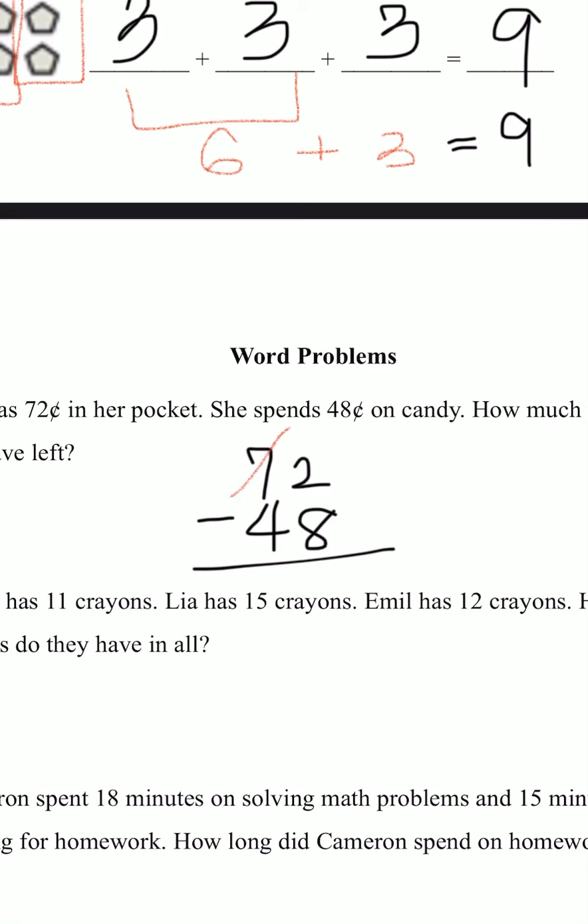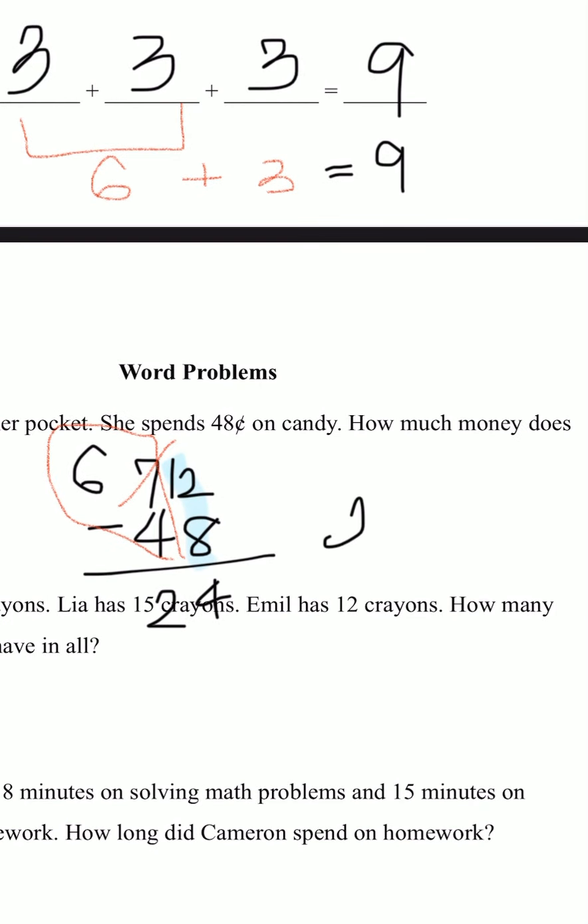So the 7 is going to become a 6. And our 2 is going to become a 12. So 12 minus 8 is 4. And 6 minus 4 is 2. So we have 24. So she has 24 cents left.